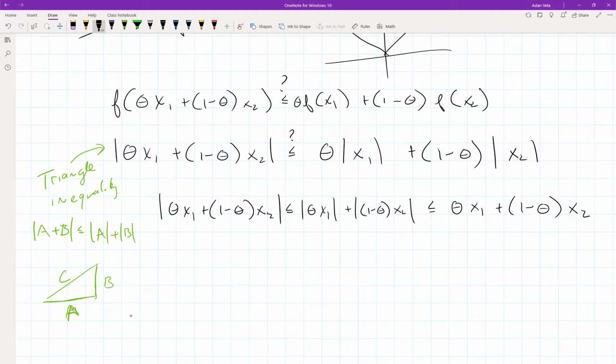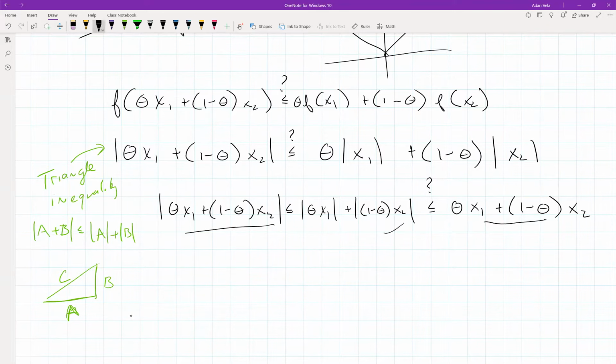Okay. We're still asking this question right here. We haven't really changed too much, but if we can show this quantity is less than that quantity, then the first quantity is less than the third. If one follows the other, then we're okay.